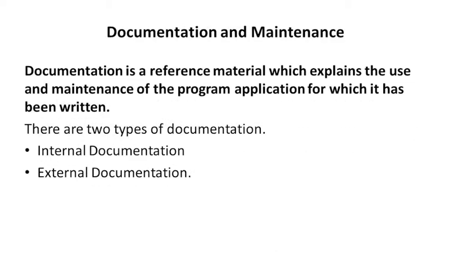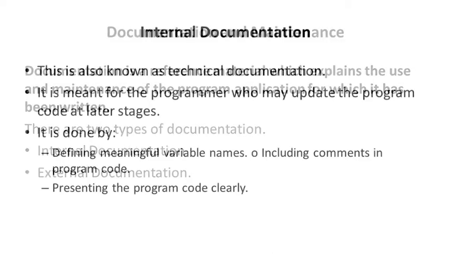Documentation and maintenance. Documentation is a reference material which explains the use and maintenance of the program and the application for which it has been written. There are two types of documentation: internal documentation and external documentation.